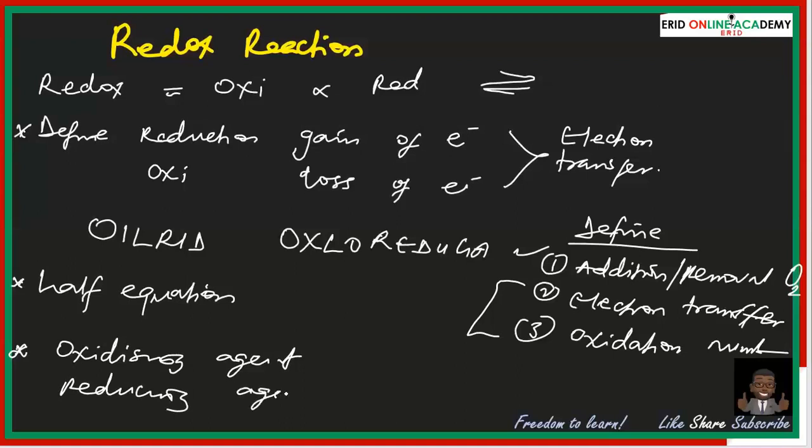You must be able to tell us which agent is the oxidizing agent and which is the reducing agent. So let's look at an example of a reaction. We'll use that to exemplify the definitions, to identify the species that is reduced, that is oxidized, to identify the oxidizing agent, reducing agent, and the oxidation half equation and reduction half equation, okay?